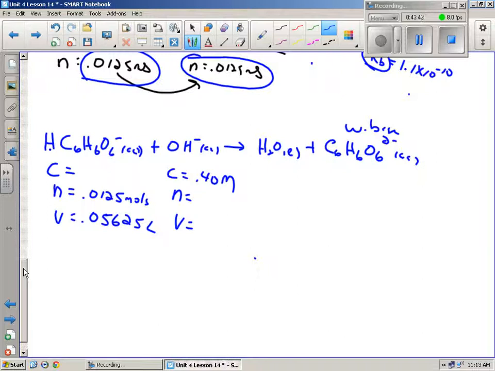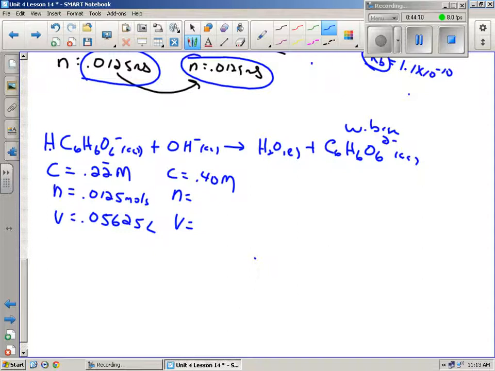Come on, guys. 0.0125 divided by 0.05625. Yeah, 0.22 repeating, yes? Molar. Okay? So that's really what I'm starting with here. 0.22 molar.